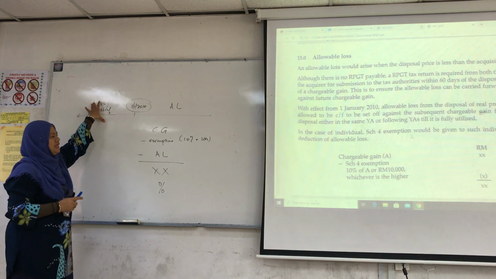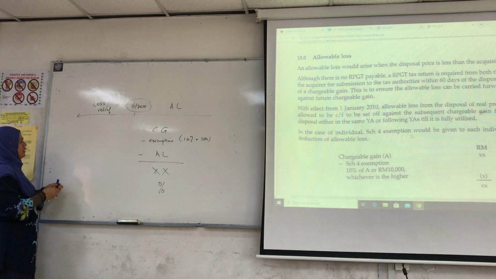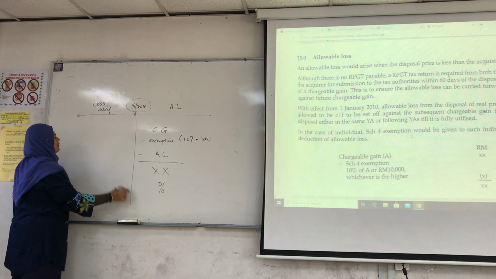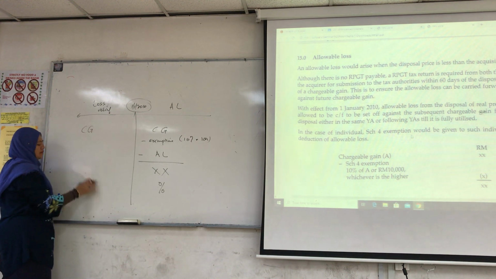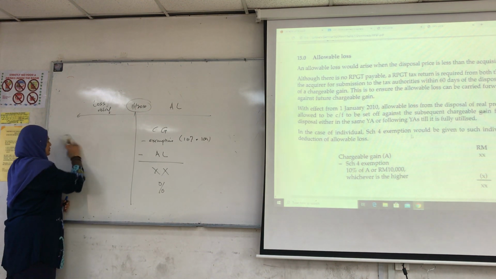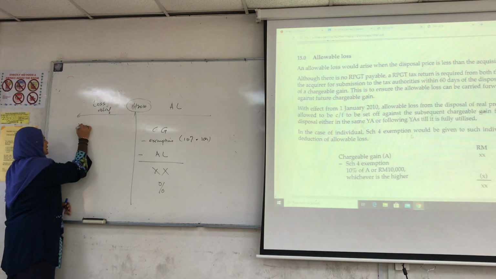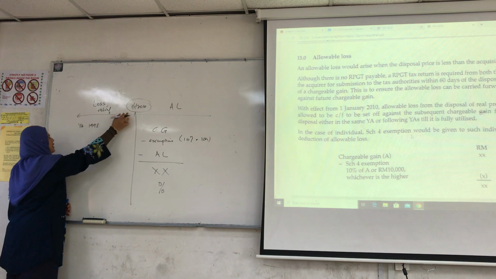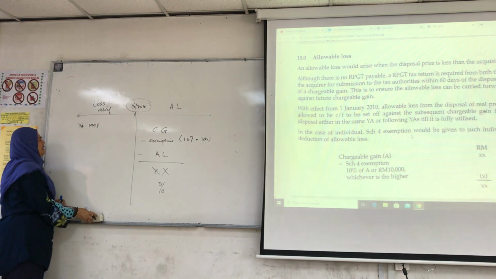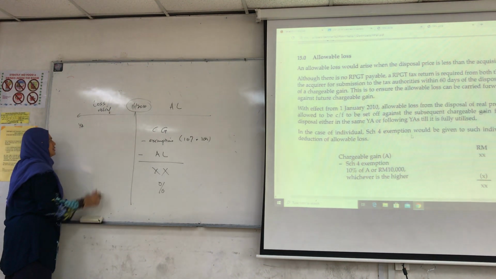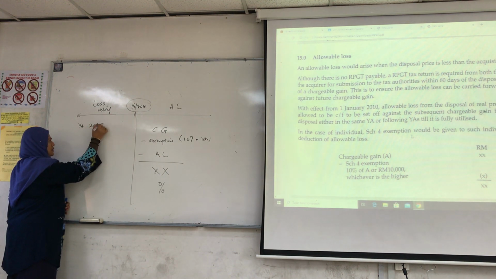What is a loss relief? It is similar. We have a chargeable gain. In this case, for example, assuming this year is prior to 2010, I can make it 2008, for example.